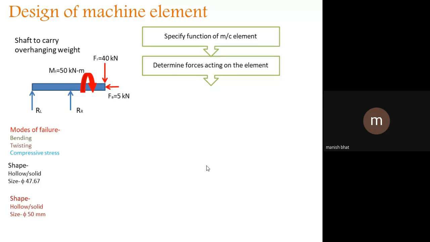Force is a force, but how it is acting on the machine element, what effect it is causing, depending upon that, or the line of action of the force tells us whether it is radial or axial. See, force is axial because it is acting along the axis of that particular shaft.